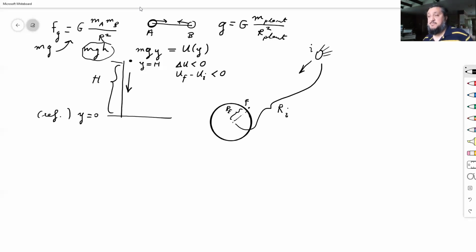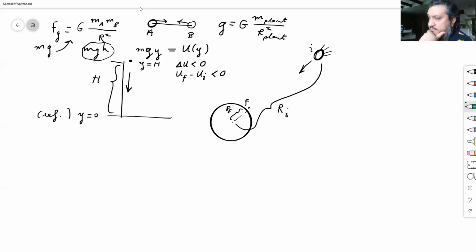So what is the potential energy over there at the initial position? It's a comet. You can't use mgy anymore because g varies. So we need an expression that has a coordinate dependence. In this case, the coordinate is the radial coordinate r.